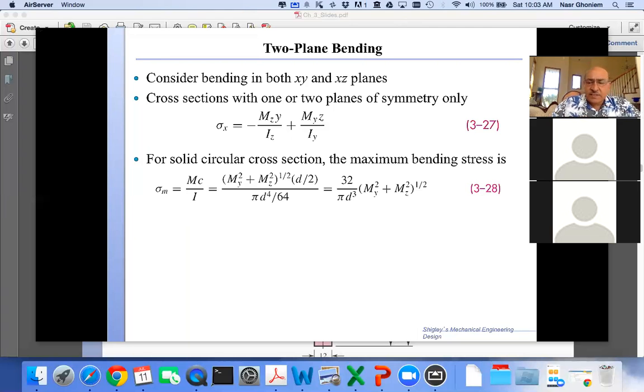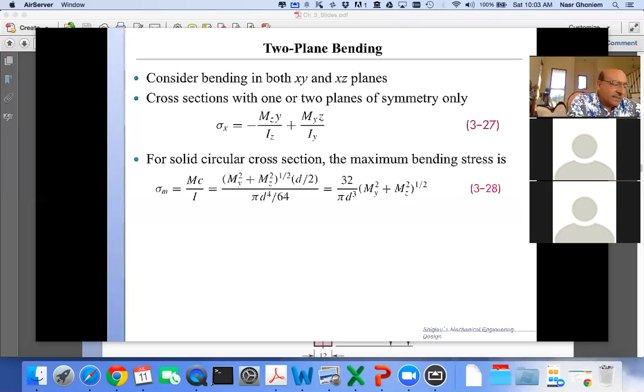If you look here on the screen, first is when we have stresses due to bending, and if we have bending on two axes, so we have a bending moment on the y-axis and a bending moment on the z-axis, then we combine them, because each one of them will give us an axial stress. So the two axial stresses can be added together in one line.